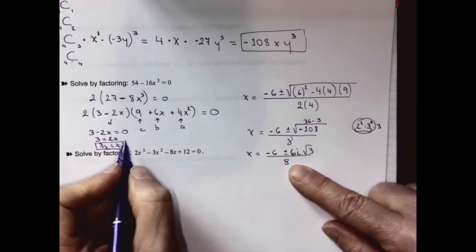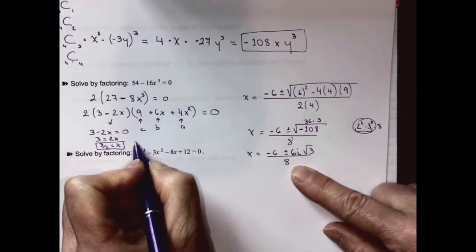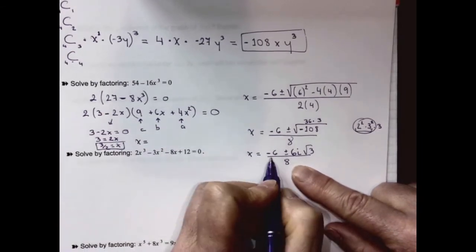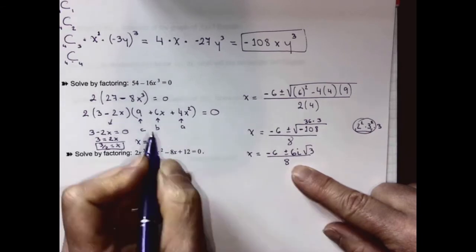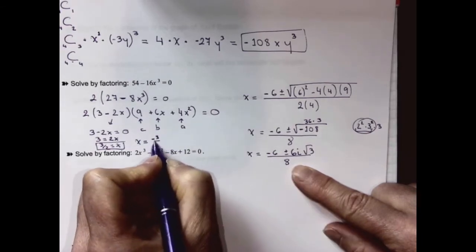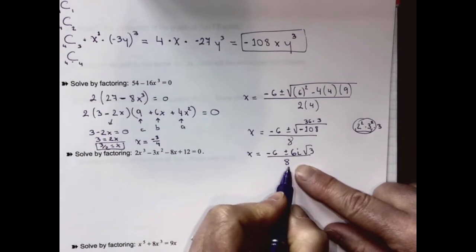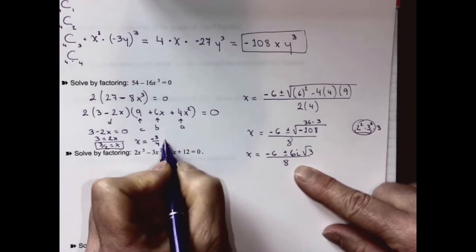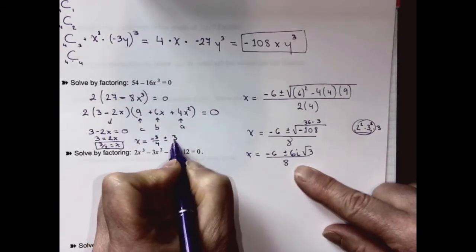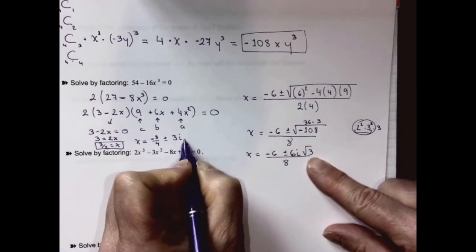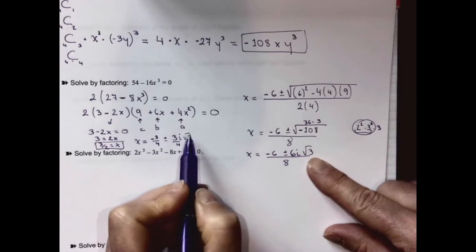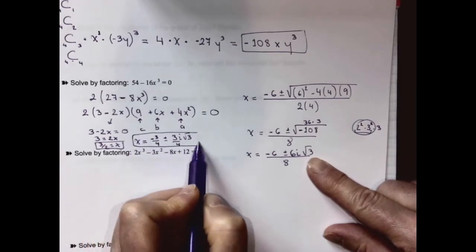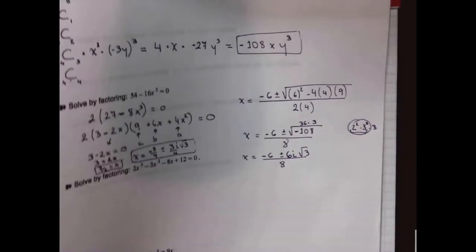So we're going to go back here and we're going to say the next two solutions will be x equals negative 6 over 8, which is negative 3 over 4, and then 6 over 8 will be 3 over 4. So plus or minus 3i square root of 3 over 4. And so those are your solutions.